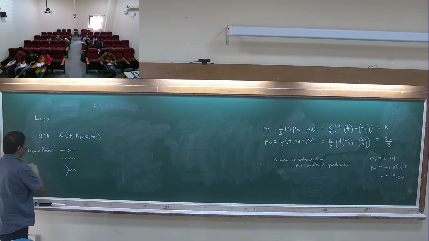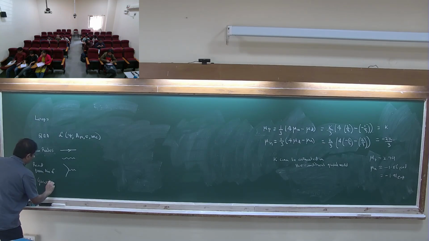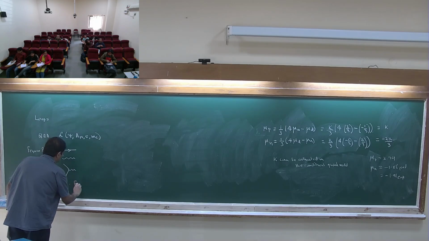So these are read off from the Lagrangian. But then we also said that Gaussian integration, etc., tells you how to get the Feynman expansion.